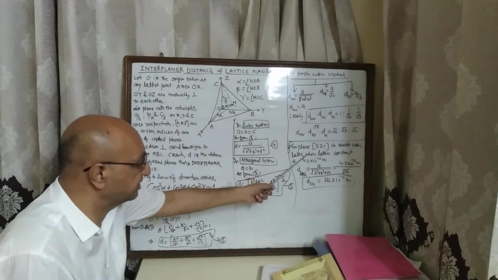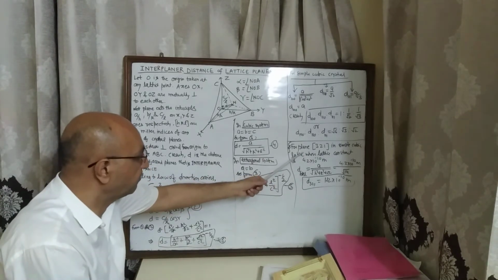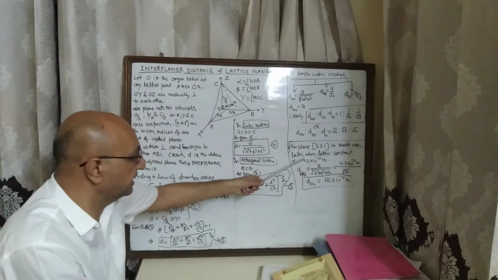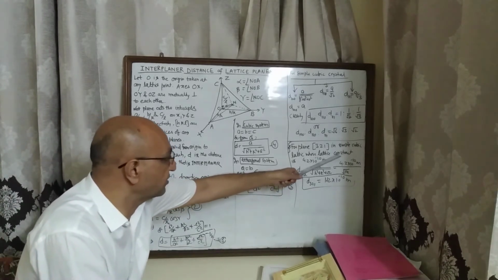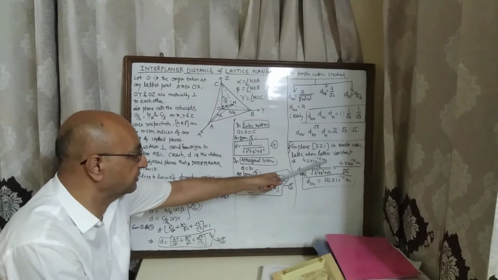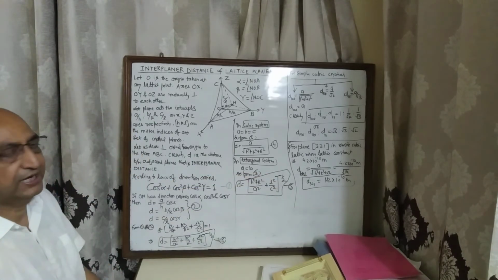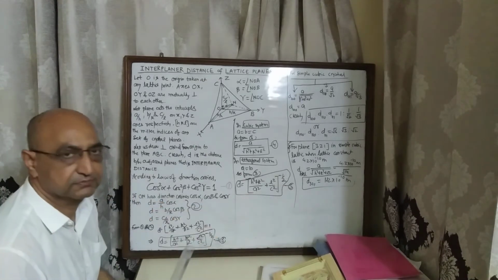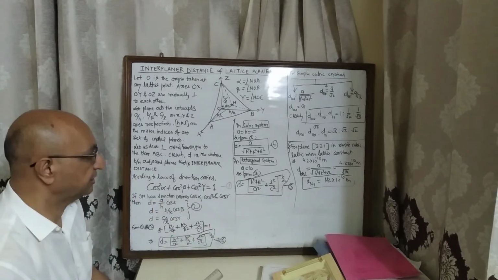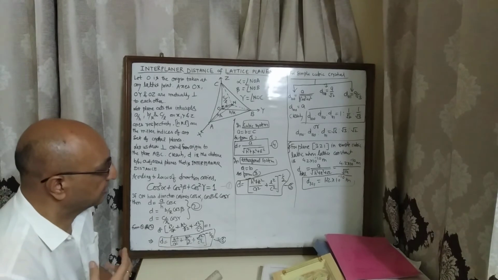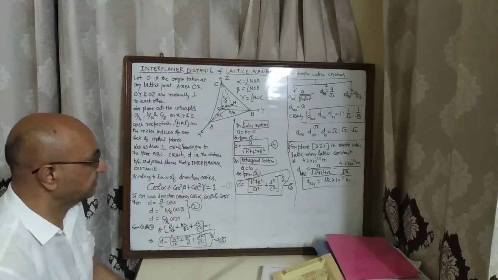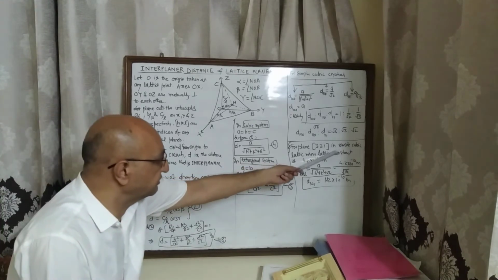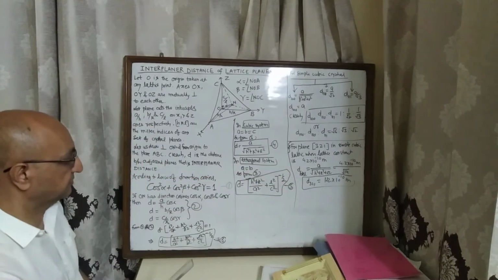Here one example is given for plane 3, 2, 1 in a simple cubic lattice whose lattice constant is 4.2 into 10 to the power minus 10 meter. Find the value of interplanar distance. The Miller indices of the plane are given as 3, 2, 1, and it is a simple cubic system.